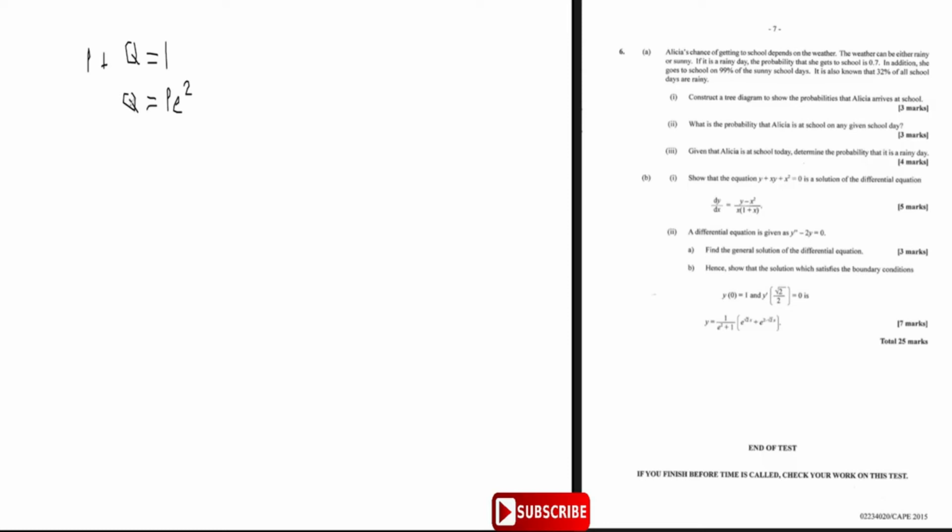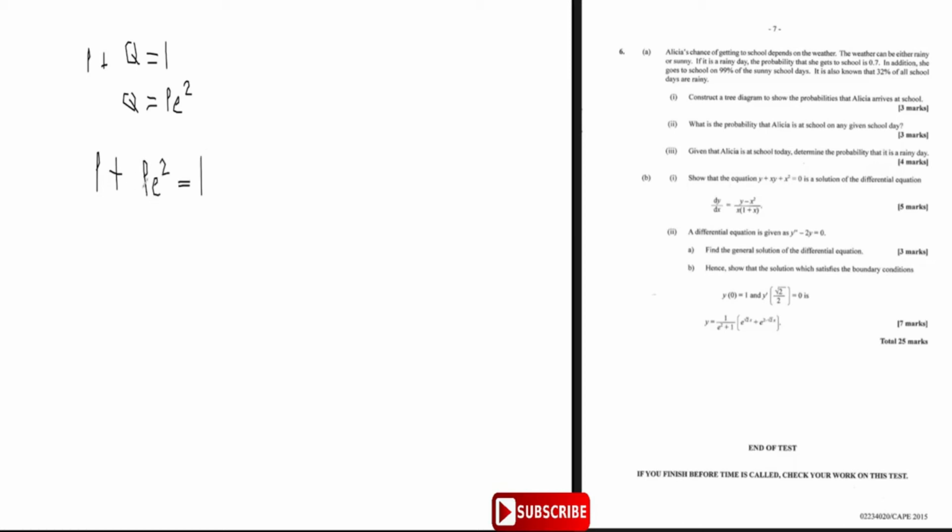Let's substitute Q as P E squared in the first equation. So you're going to get P plus P E squared is equal to 1.